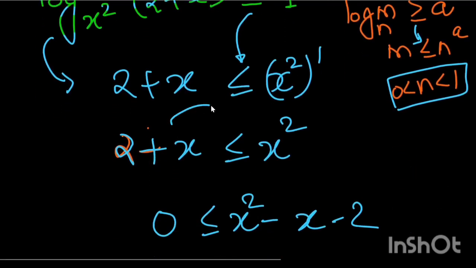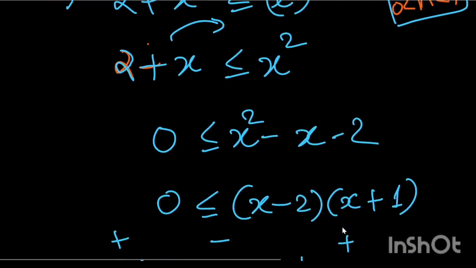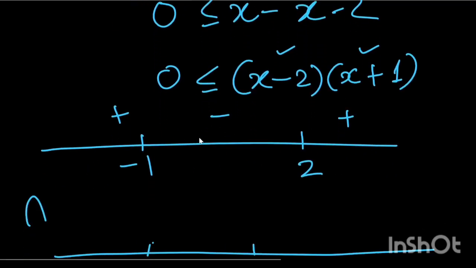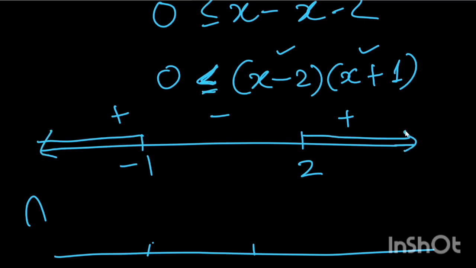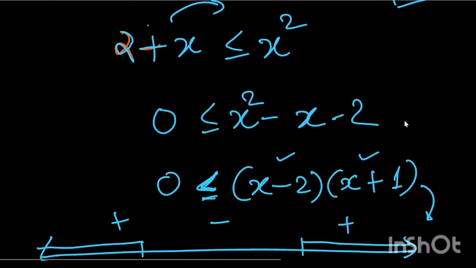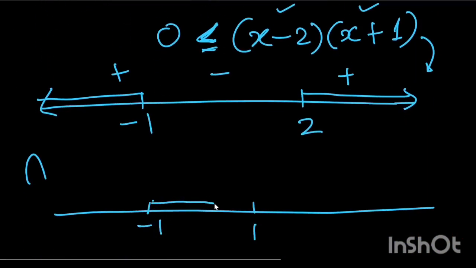So now 2 plus x we will take on the left hand side as usual, factorizing, we will get the same factors, minus 1 and 2, plus minus plus. Since this is greater than sign here, we will take this and this as the solution of this inequality. We need to take intersection with third, which was what, minus 1 to 1 excluding 0. So we need to take intersection with minus 1 to 1, guys.